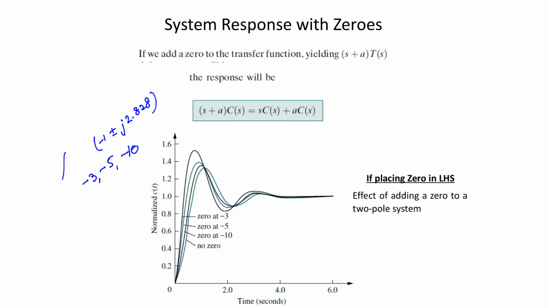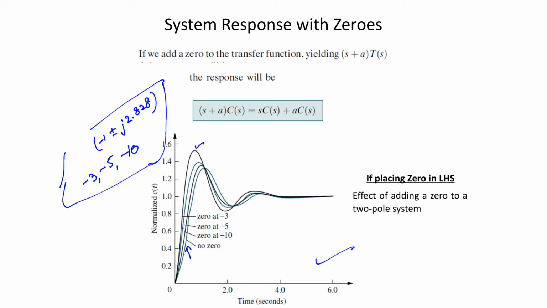Now the response of this is plotted, which is shown in this figure. From this we observe that the first line is the line with no zero. Then we get the line with -10 near that, then the -5, and after that the -3. So we see that the closer the zero is to the dominant poles, the greater the effect on the transient response.